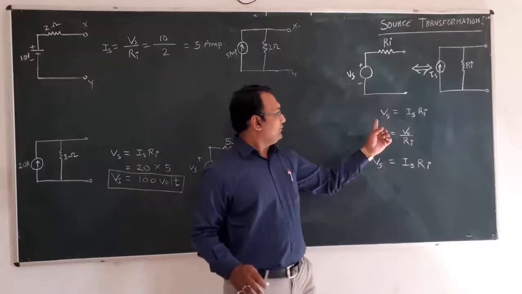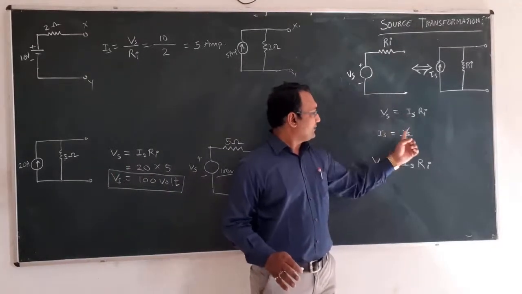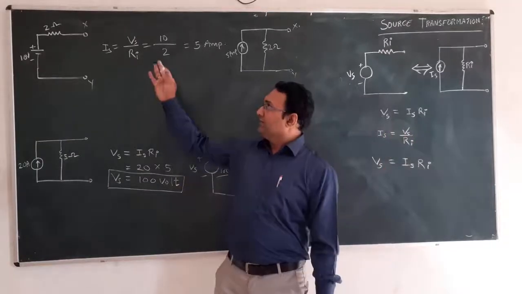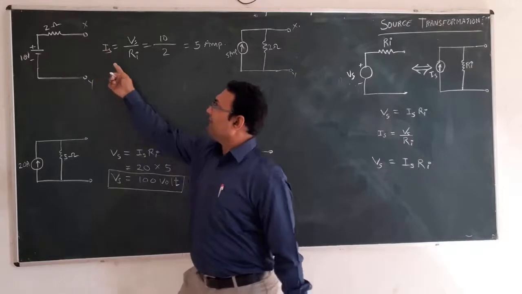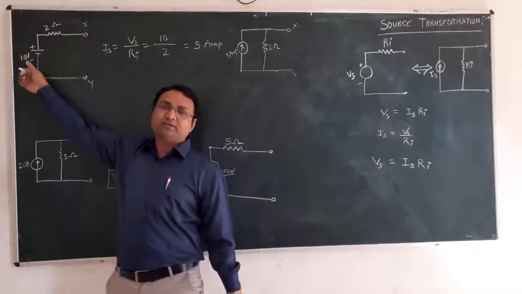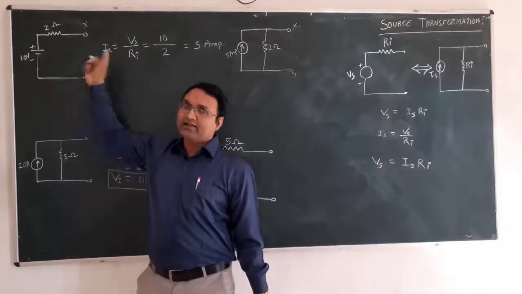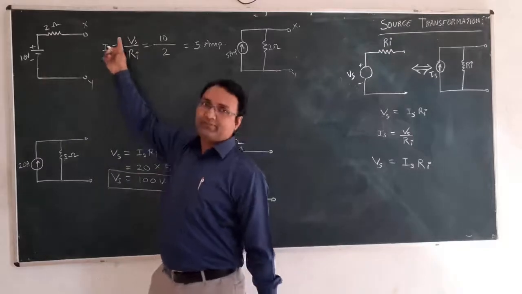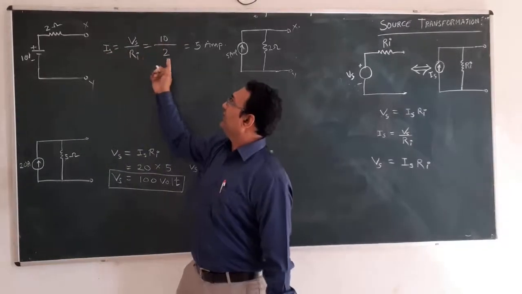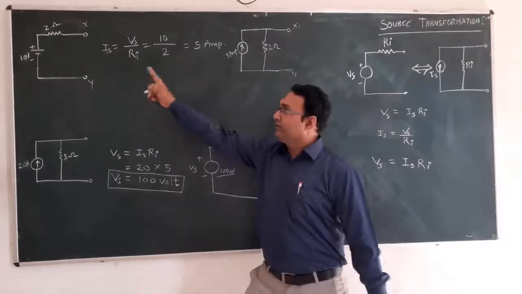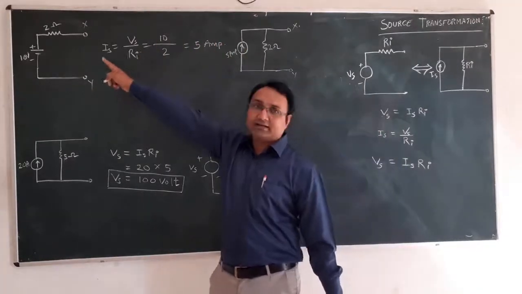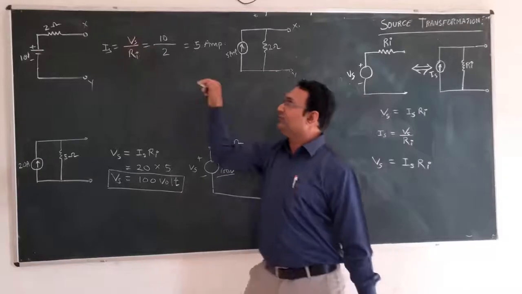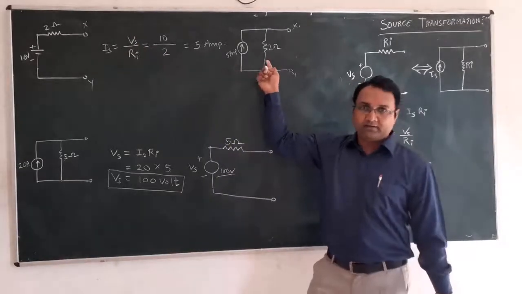So V is equal to IR, I is equal to V upon R. If a voltage source is given, we need to calculate the current source value. So the source current will be V upon R. We put in the values and find the current source. Now we replace the voltage source by the current source, and the internal resistance connected in series will come into parallel.